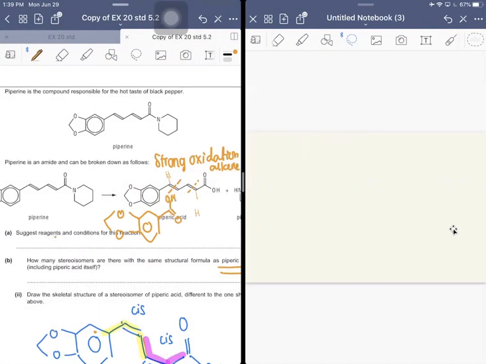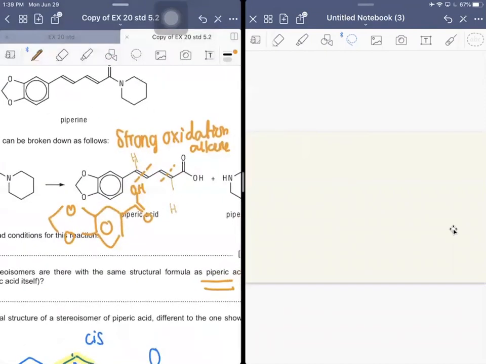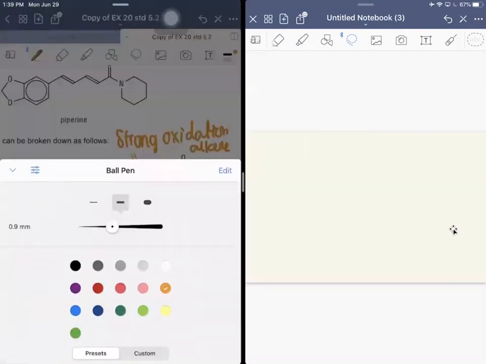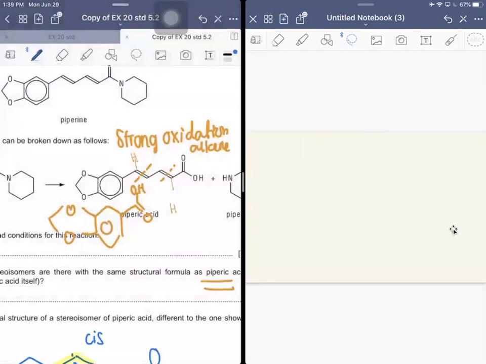The carboxylic acid product. The other side, I'll use a different color so you can see. Again, that carbon is attached to another carbon and attached to a hydrogen, so you will get this product.